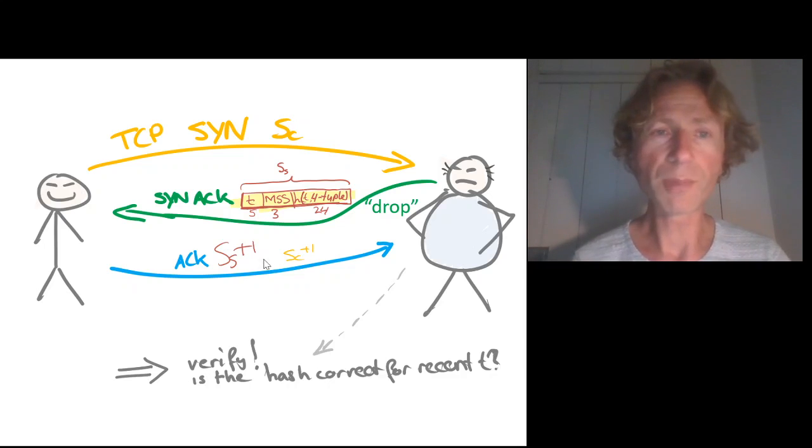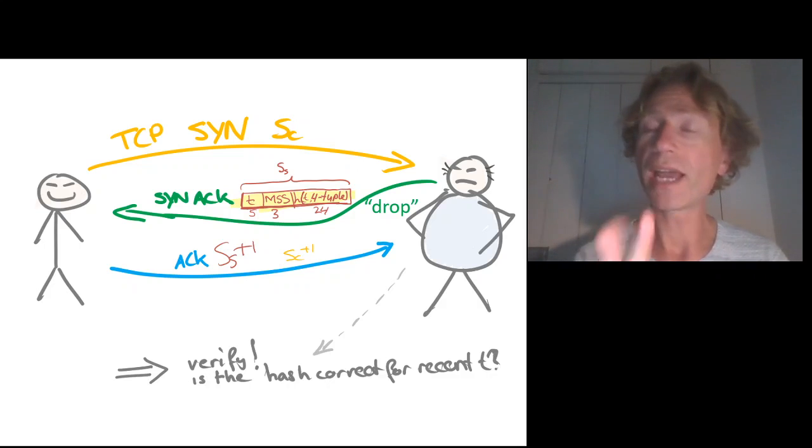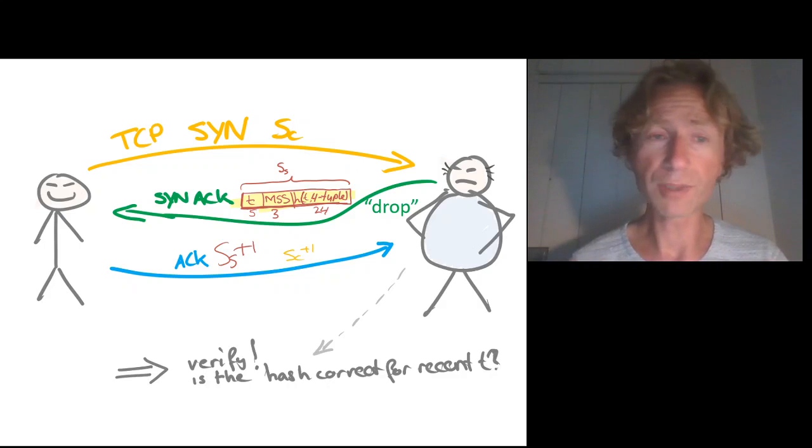So if we simply subtract 1 from that, we get this value again. So we again have the hash, we have the 5 bits of the counter, and we have the maximum segment size. So we can verify that this is correct for a recent value of t, and then we know the maximum segment size, and we also know the sequence number.